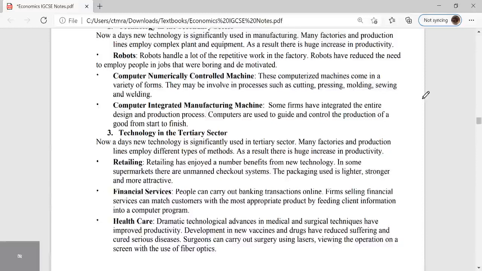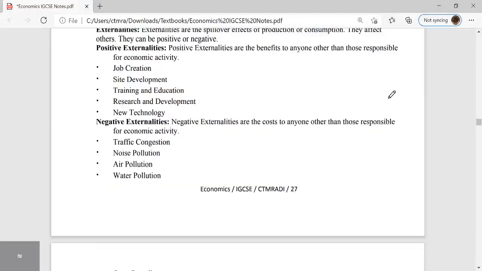Okay, and next we have externalities. Externalities is one of the main reasons of market failure. Remember, market failure was when the market leads to inefficiency.